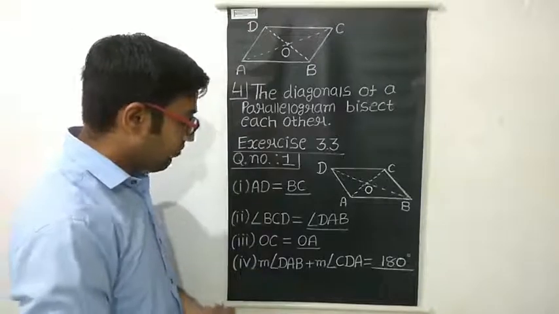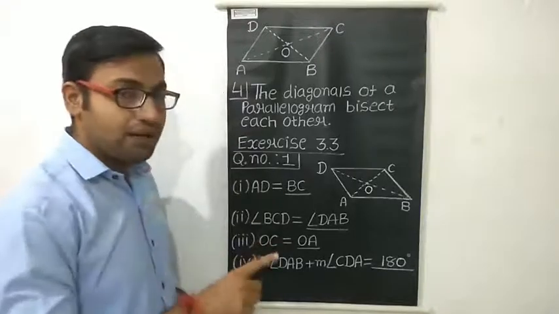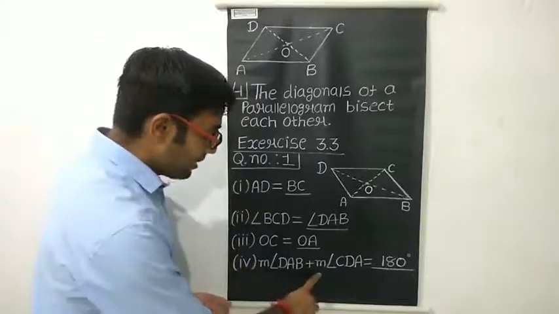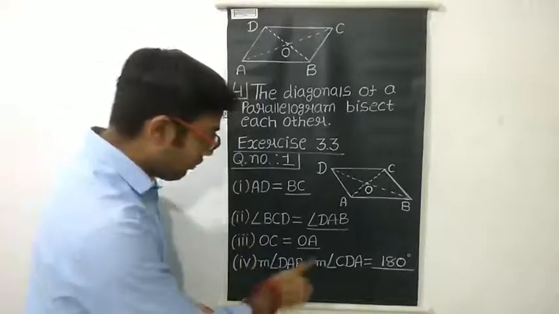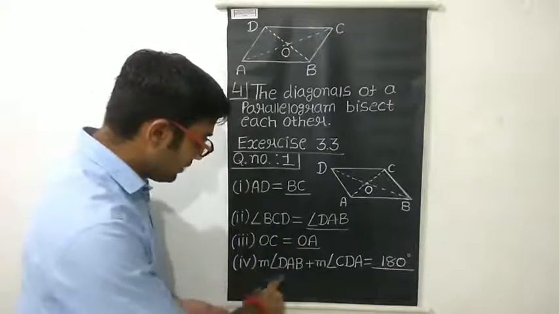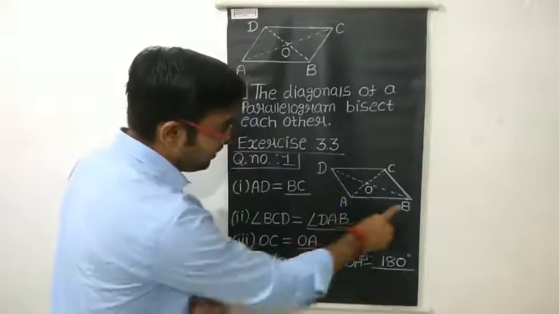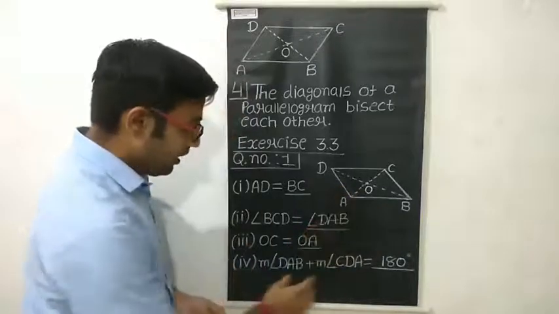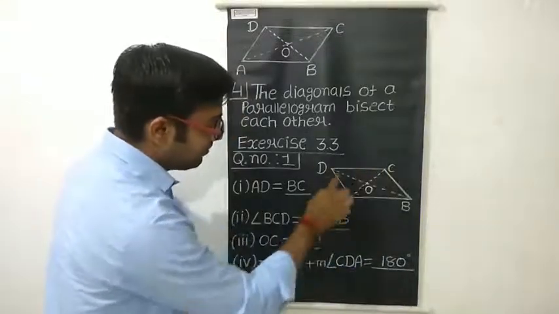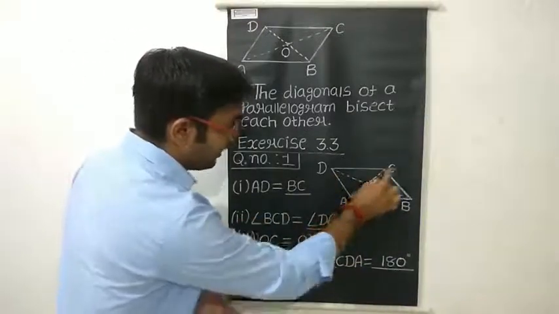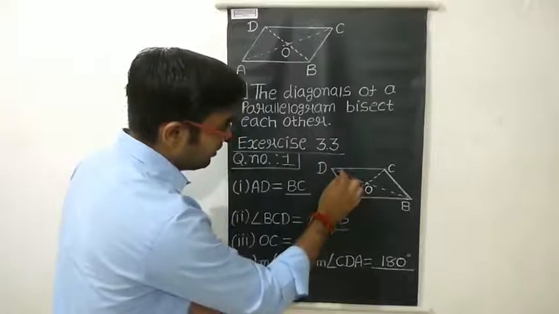Fourth one, measure of, small m means the measure. Measure of angle DAB and measure of angle CDA. Both we have to add. So which is this angle? BAD means this angle A, and CDA means this angle. So BAD this angle and CDA this angle.